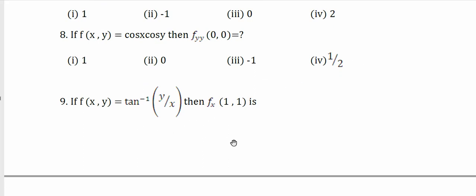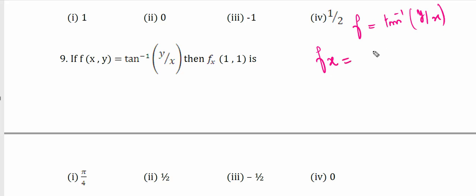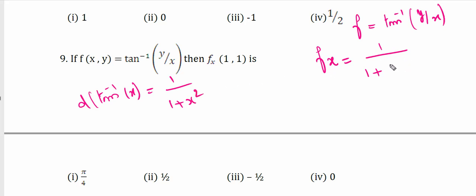Next one: if f of x comma y is tan inverse of y divided by x, then find f x at 1 comma 1. Just make the first order derivative only. F equals tan inverse of y by x. For f x, the tan inverse formula is 1 by 1 plus (y by x) the whole square, and then differentiate y by x with respect to x, which gives minus y divided by x square.